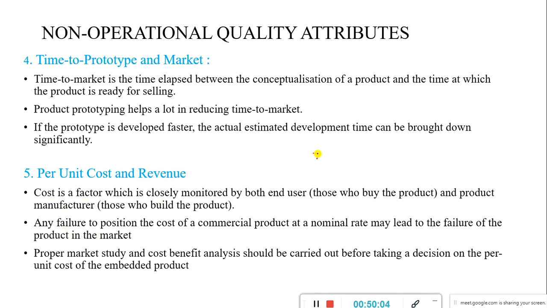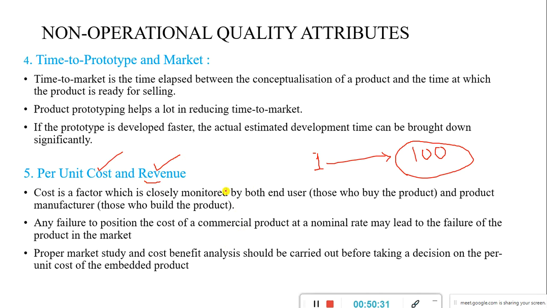Yes, of course. When you design a single unit, the cost of that product will differ. When you design the same product in 100 numbers, once again the per unit cost is going to differ, and accordingly, based on your cost, the revenue of the company is going to depend.